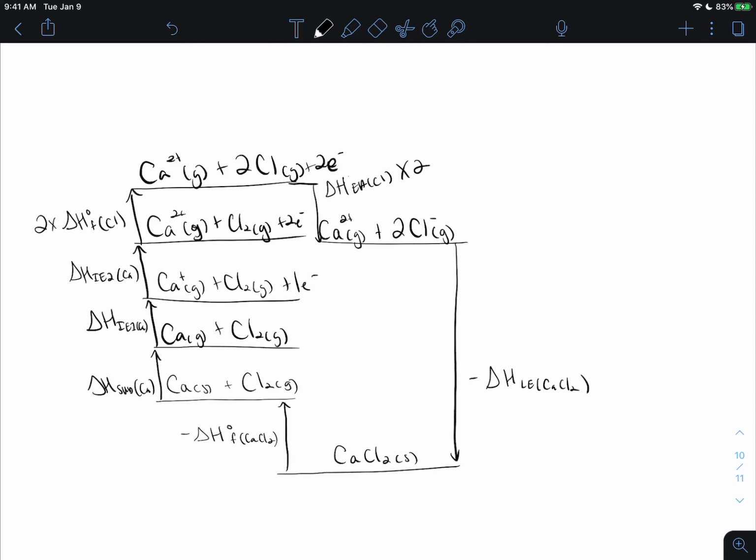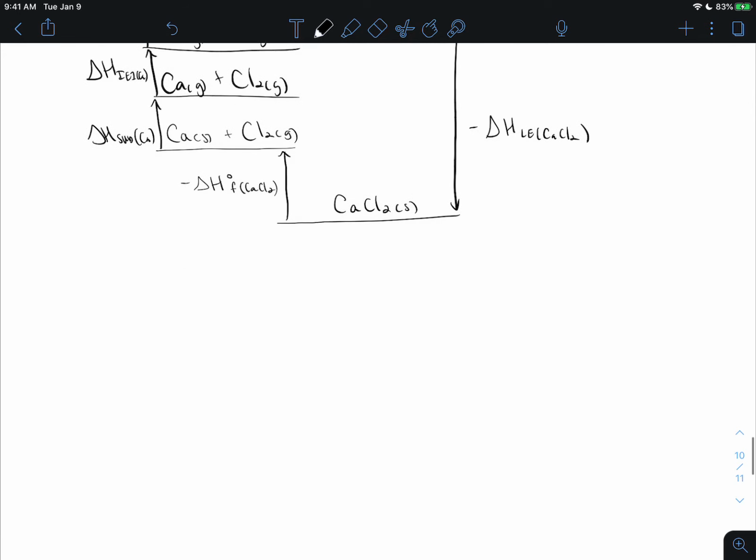When we solve for our actual energy, all of our energies are going to sum to our formation energy.